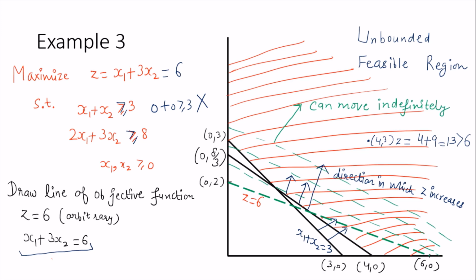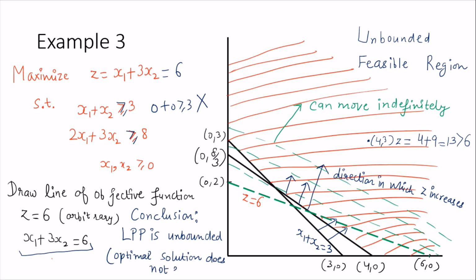So the conclusion is that this LPP does not have any optimal solution, or in other words we say the LPP is unbounded. That's the meaning of an unbounded LPP. An LPP is said to be unbounded if an optimal solution does not exist. So here we got the first possibility: in an unbounded feasible region, the optimal may or may not exist. In this example, it does not exist.